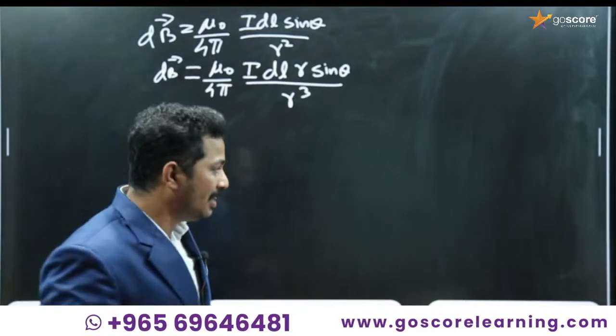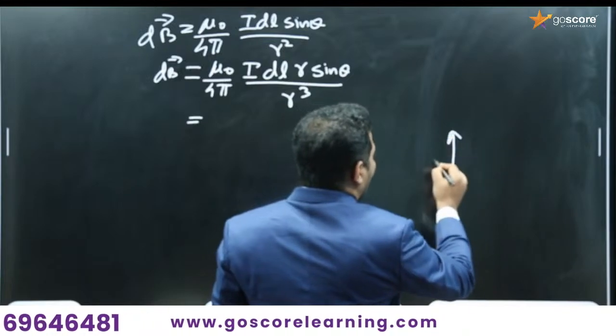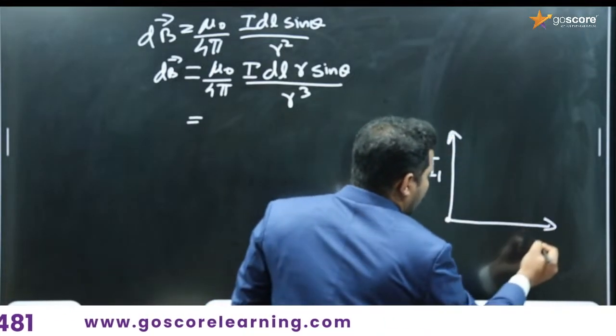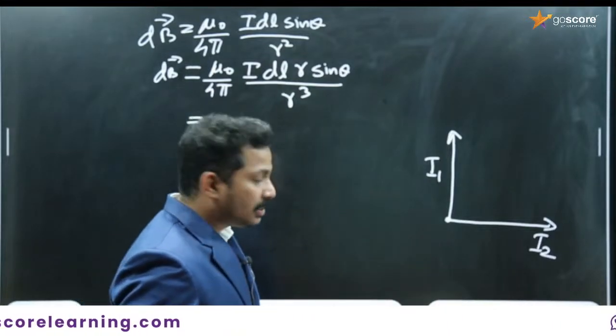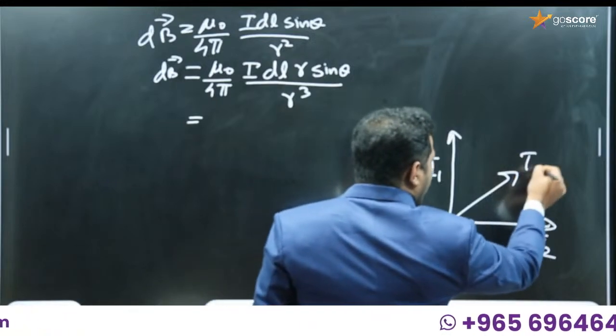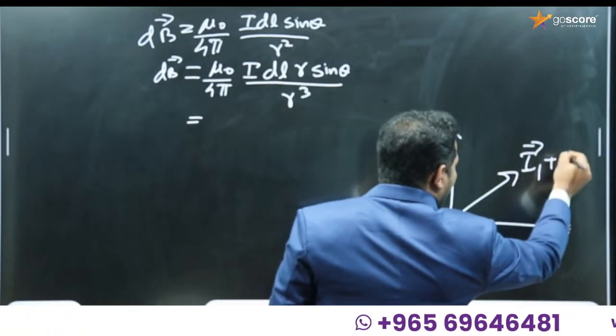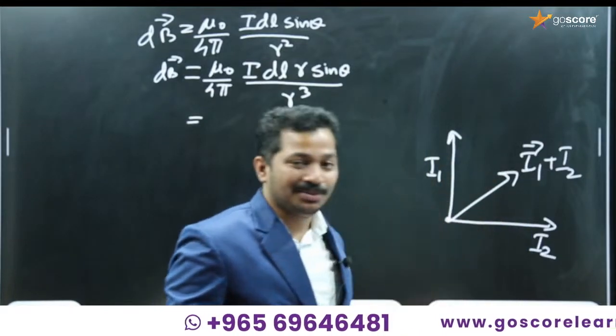So what is laws of vector addition? Suppose consider a junction. Current I1 flows in this direction, and some current I2 flows in this direction. Is the resultant of this current midway between them? Resultant of vector I1 plus vector I2, is there any imaginary conductor in between I1 and I2?